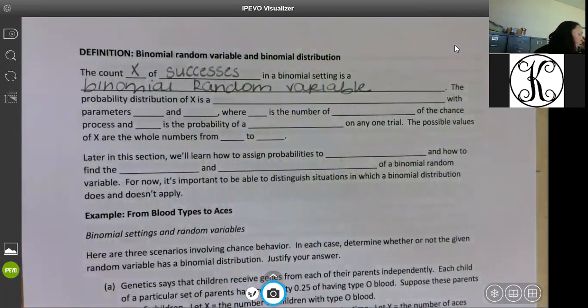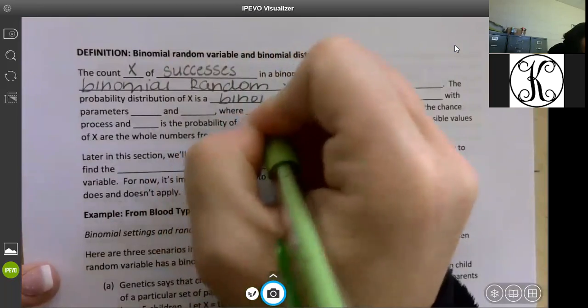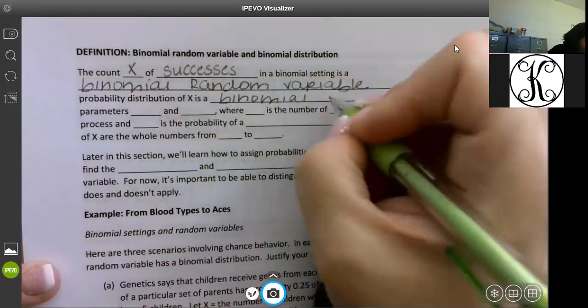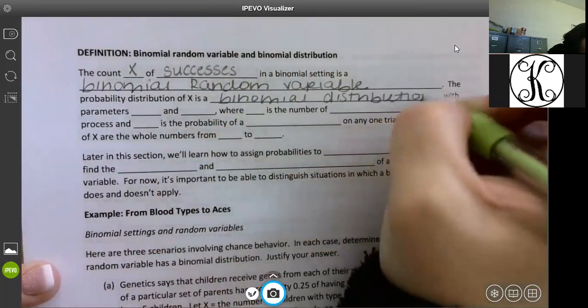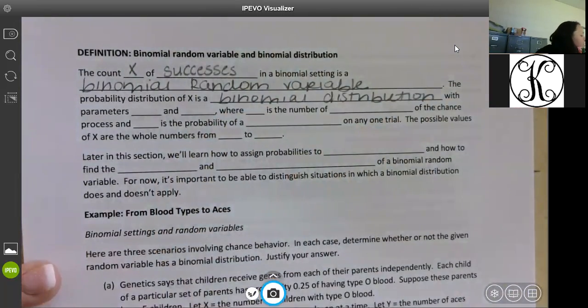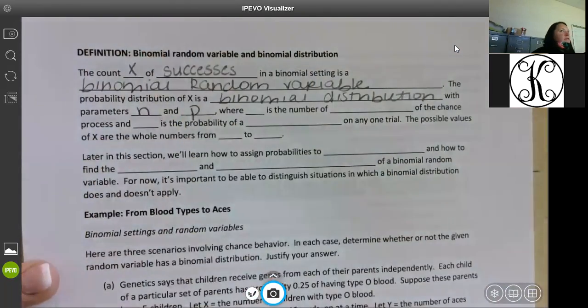The probability distribution of X is a binomial distribution. Again, it's the same thing that we just said in the last paragraph. This is new, with parameters n and p, so we're going to define those.